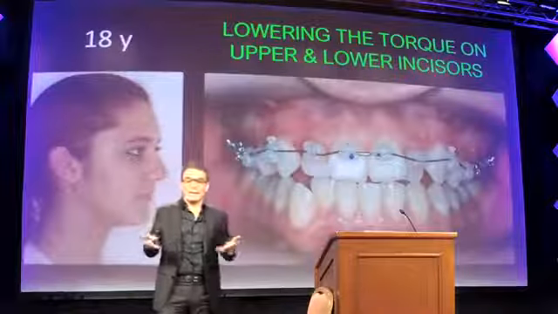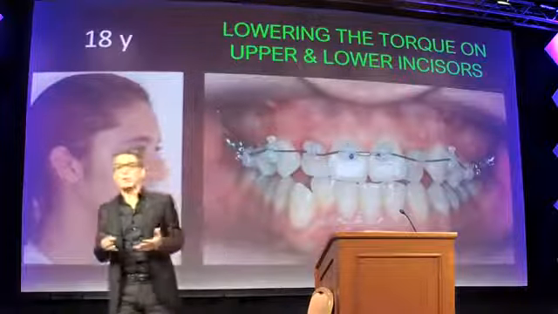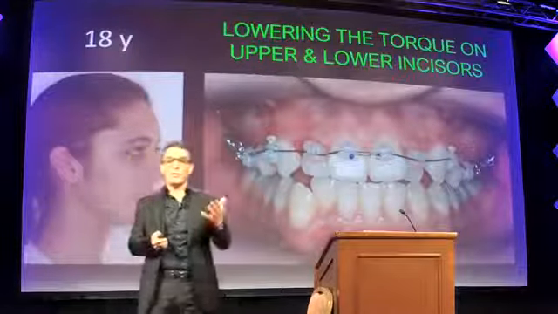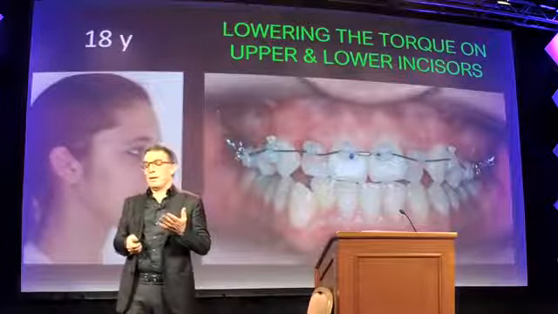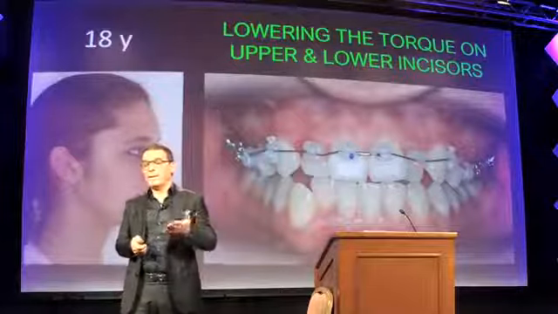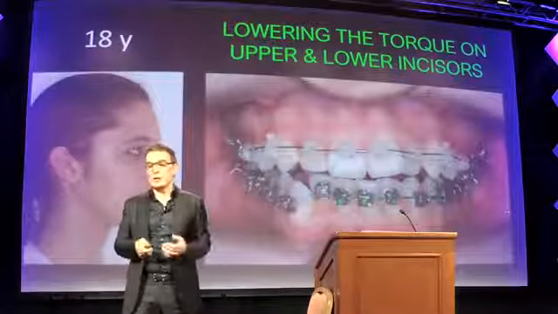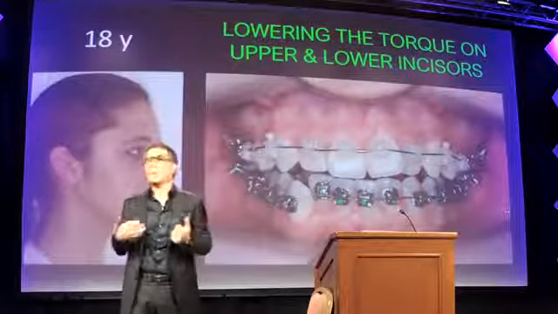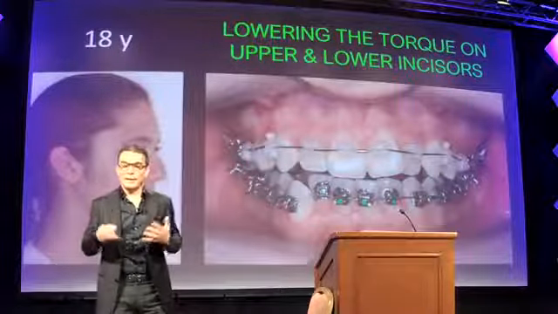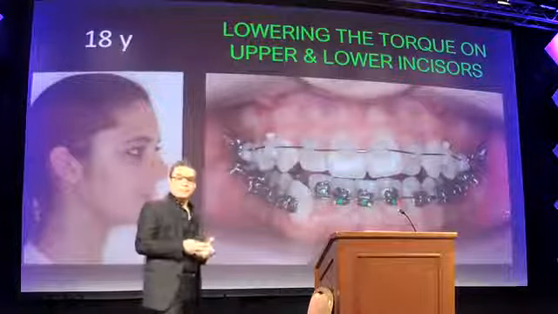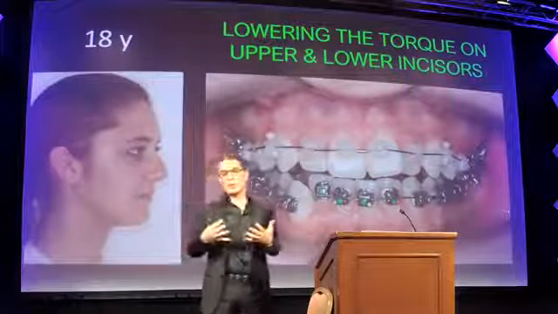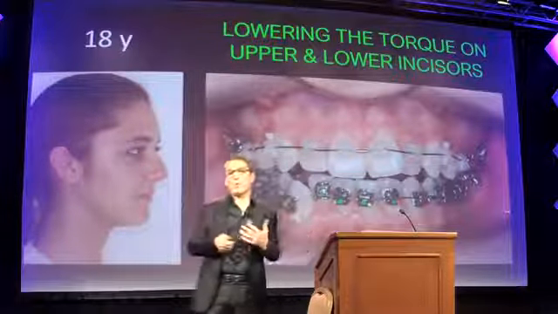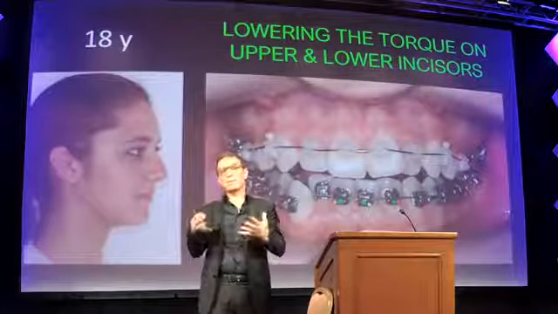So in a case like that, I think that none of us here would go for extractions when you look at the profile. Whatever the amount of crowding here, we are going to try to treat her without extractions, using all of the tools of the Damon mechanics, taking our time, progressing very slowly with the mechanics and with the wire sequence to let the system work with the biology.